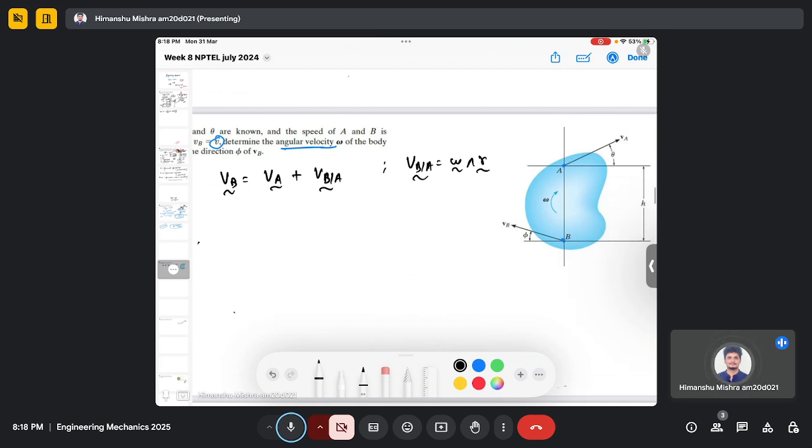So omega is the angular velocity vector and r is the displacement vector. So first we need to figure out the angular velocity vector and the displacement vector. You can see the displacement is this. The distance between B and A can be defined by h.